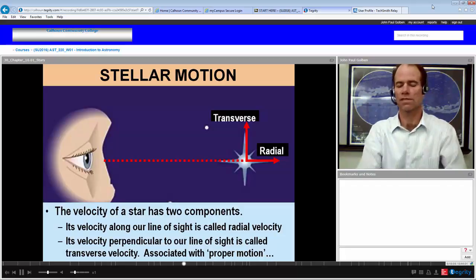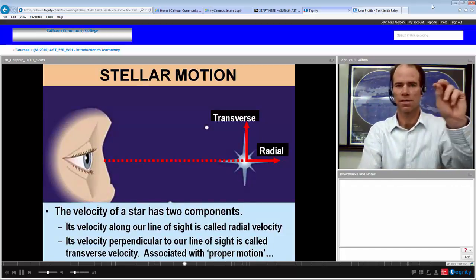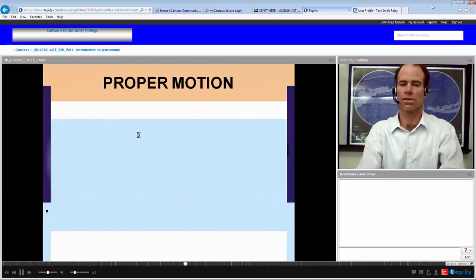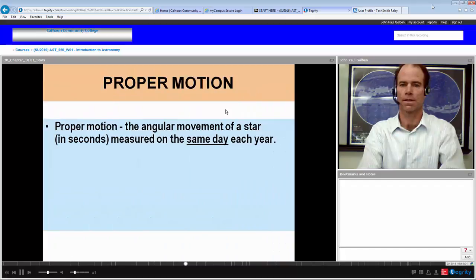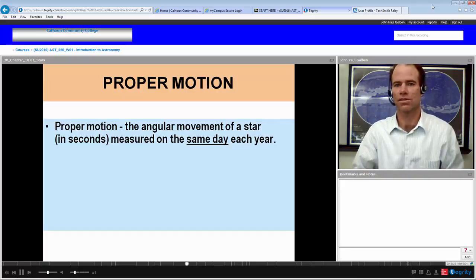So a transverse velocity is associated with what we call proper motion. It's the motion that a star makes in a transverse direction over the course of 1 year. Proper motion, here's the general definition: the angular movement of a star in seconds measured on the same day each year.